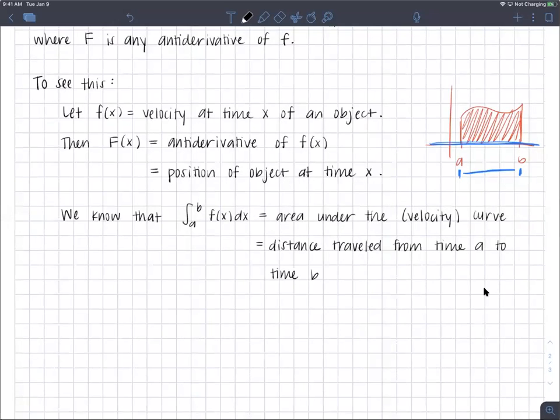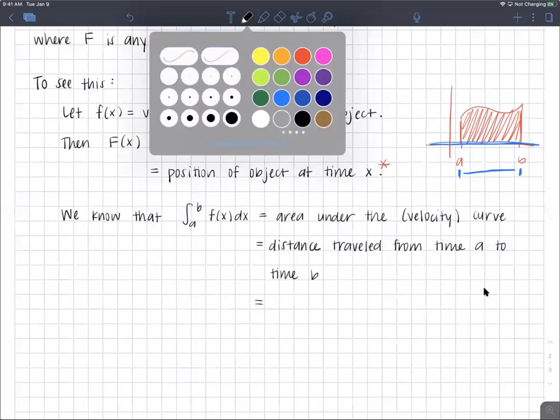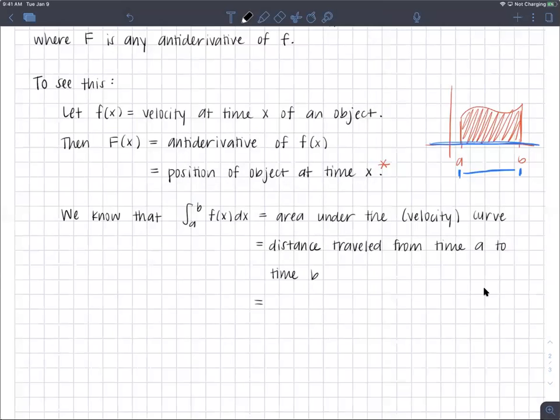But if I look at this sentence, which I'm about to star right here, with the fact that capital F of x is equal to the position at time x, then what we really have here is that the distance at time A is capital F of A. I should do B first, right, because we're doing subtraction.